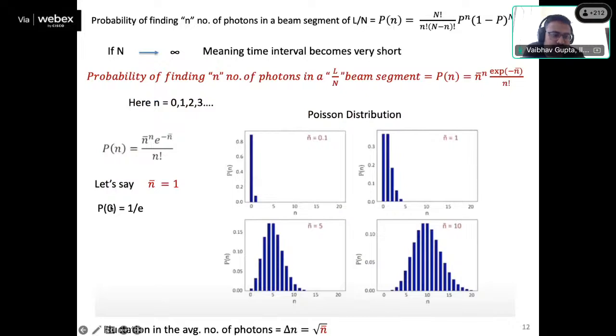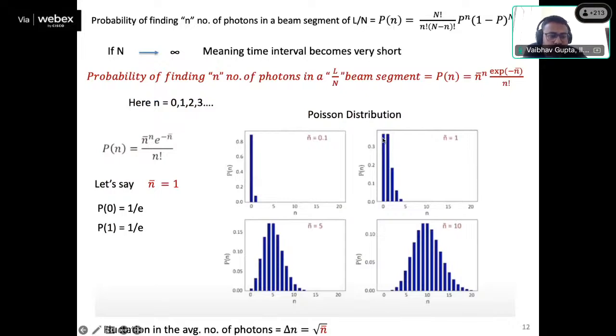We know that n is 0, which is given, so you just put n equals 0. 0 factorial is 1, and n bar we knew is also 1, so e to the power minus 1. And n bar is 1, so 1 to the power whatever is 1. So this will come out as 1 by e. So the probability of finding 0 is 1 by e, and this is given here, right?